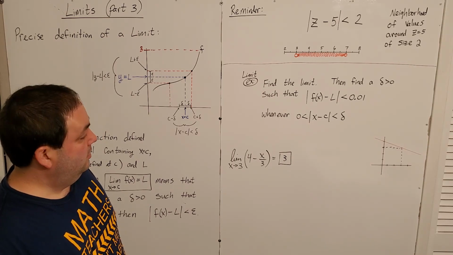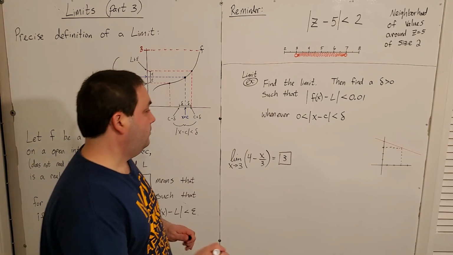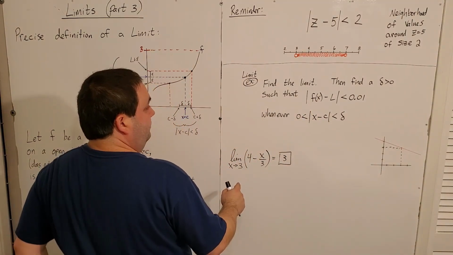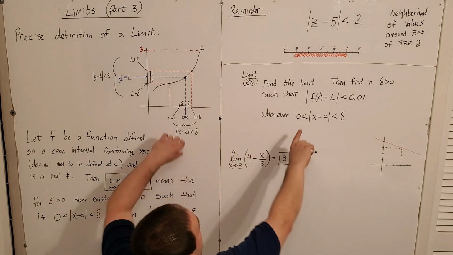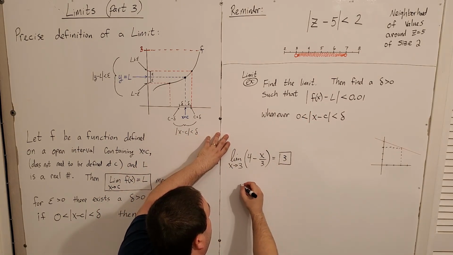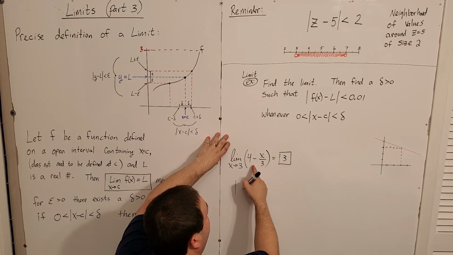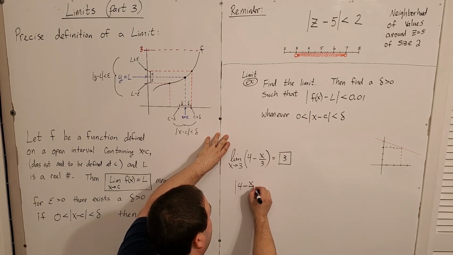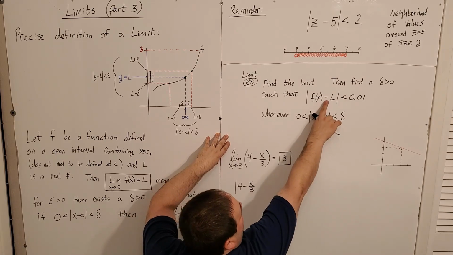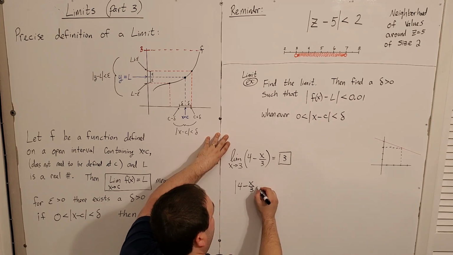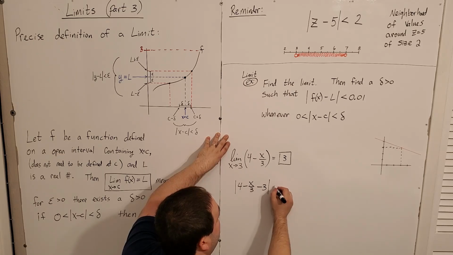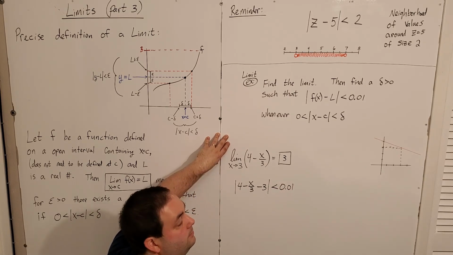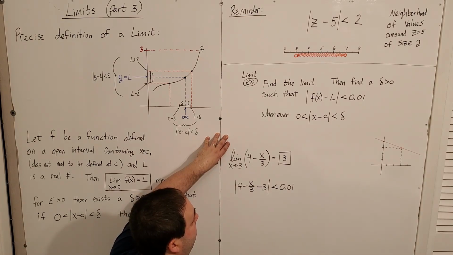All right. So here's what we do. Now what we're saying is, right here, the absolute value of the function f of x, 4 minus x over 3, minus the limit value, minus 3, is less than 0.01. Okay?